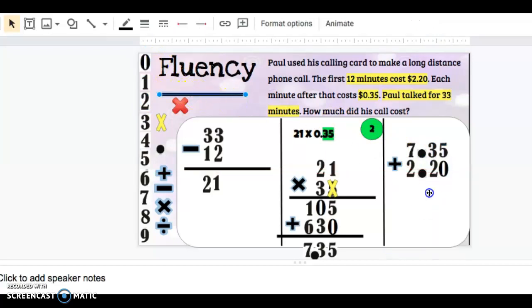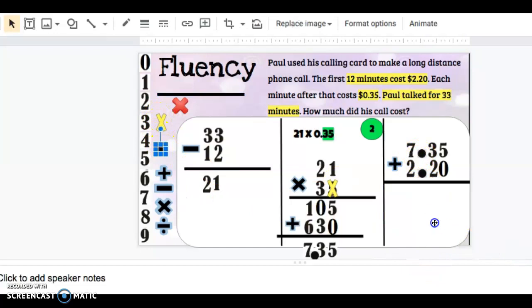So we're going to add those up. Before we start adding, remember we drop our decimal point down because we'll drop it like it's hot. Drop it, drop it, drop it down. And we do 5 plus 0 is 5. 3 plus 2 is 5. 7 plus 2 is 9.